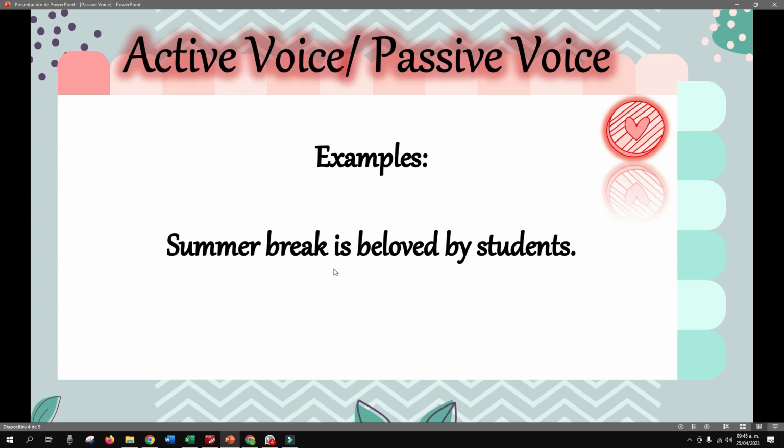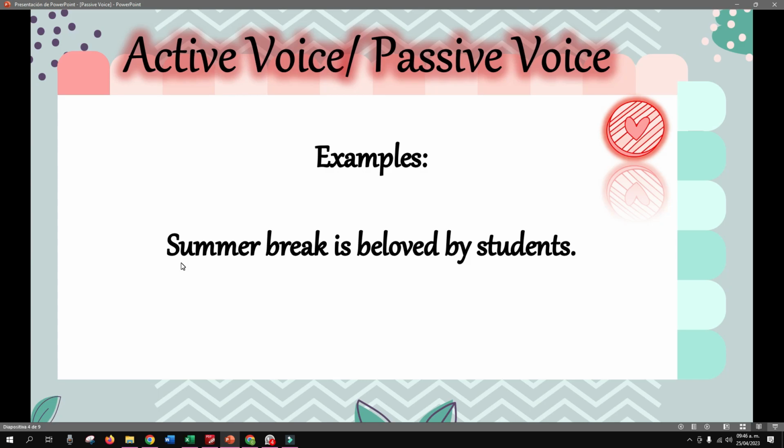We can say summer break is beloved. That's fine there, right? But also you can add this, by the students. So you can say the car is broken by someone, right? So you can say that if you want.